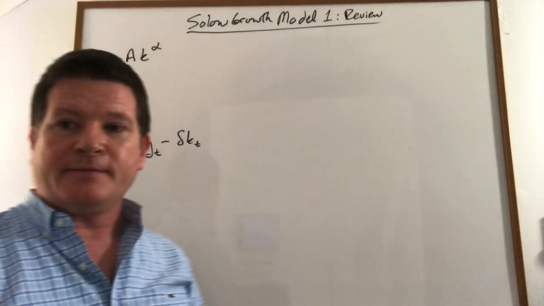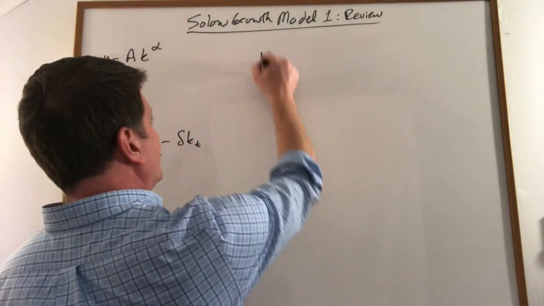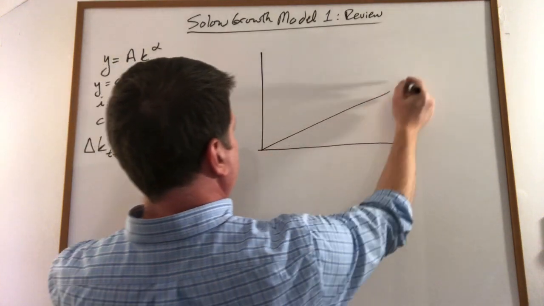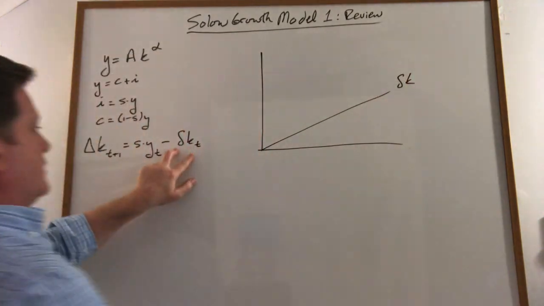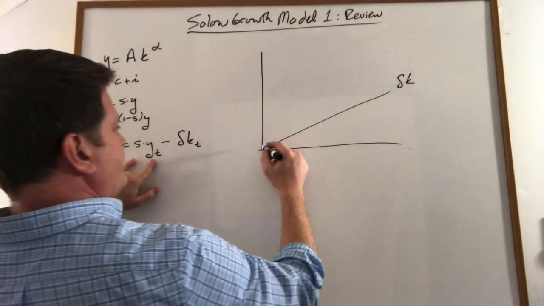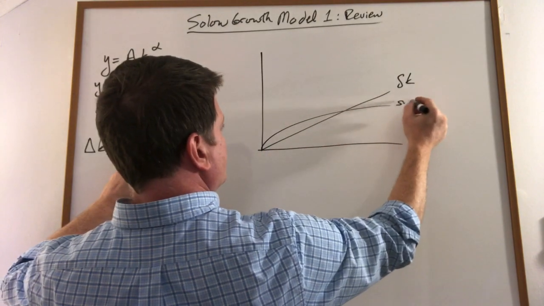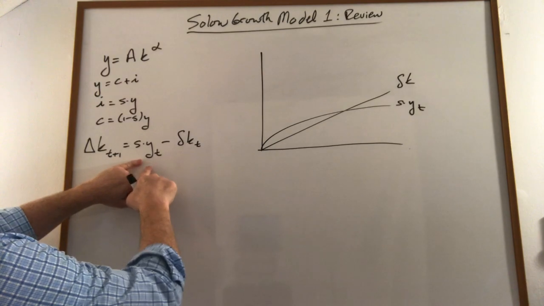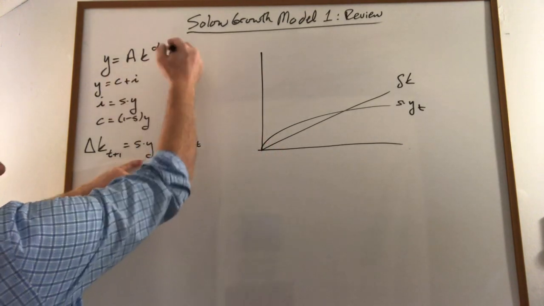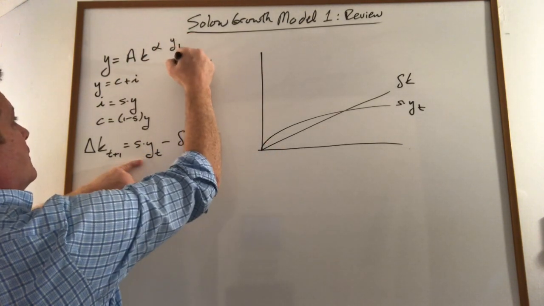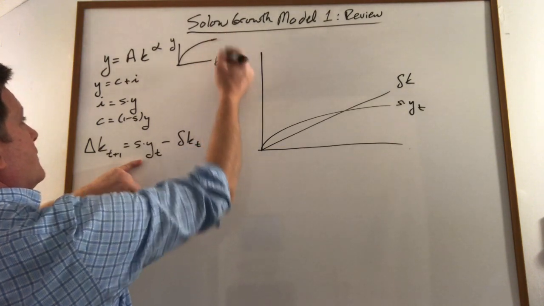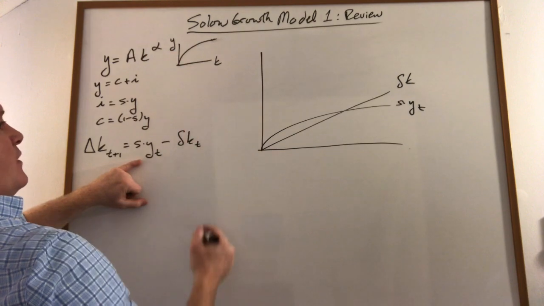We graph that using a graph like this, where we first graph this line, and then we graph this line. This looks like that because this looks like that as long as alpha is less than 1.